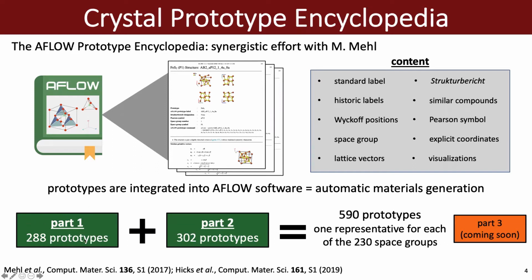And so part 1 contained 288 prototypes. And this is similar to what was on the NRL website, but now there's 302 that we've extended to our framework. And so there's a total of 590 prototypes, and there's at least one representative from each of the 230 space groups. And we're already working on part 3, and hopefully that'll be coming out fairly soon.